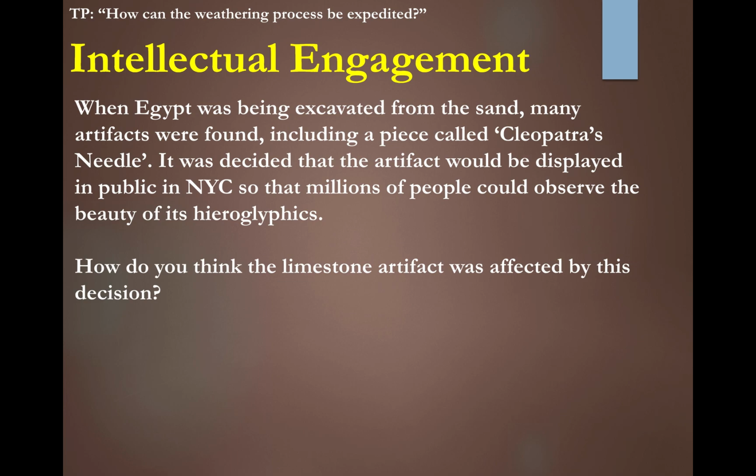Look under rock name, find limestone, and go across until you hit the column that says composition. You notice that the composition of that is calcite. Go to your reference table, continue on page 16, and find the mineral calcite.